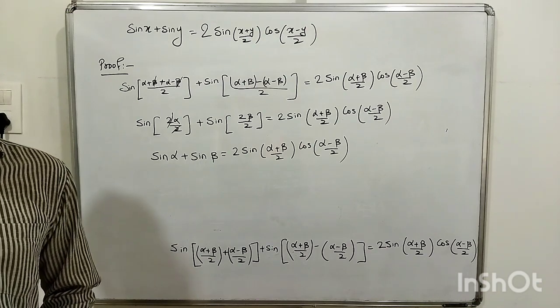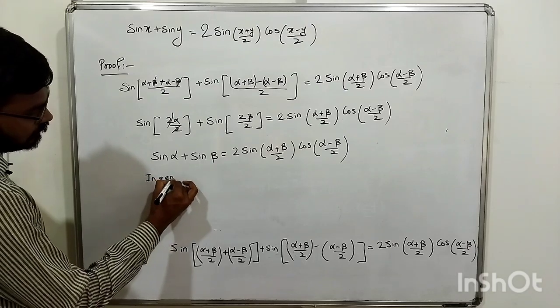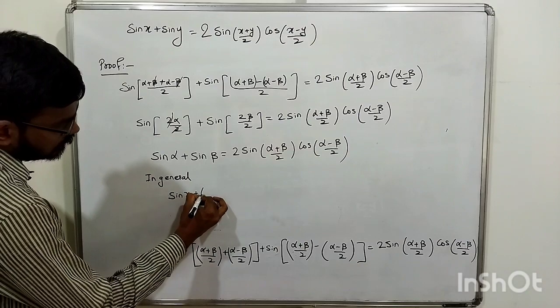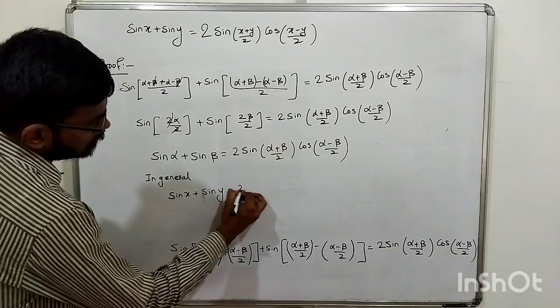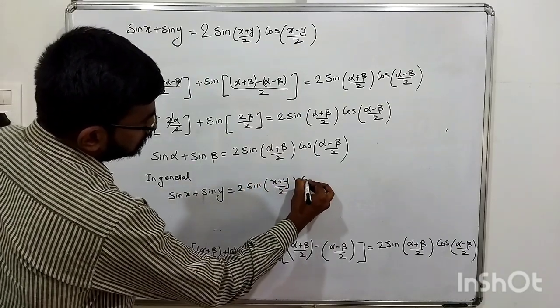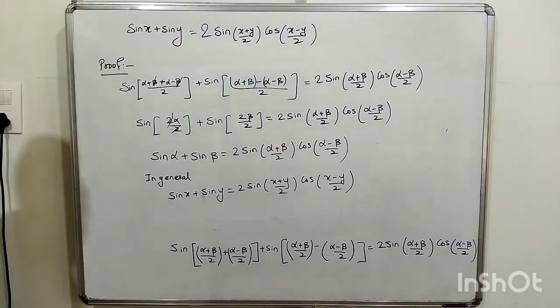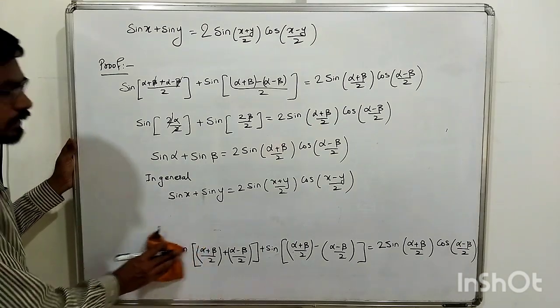So in general we can write sin x plus sin y is equal to 2 sin x plus y upon 2 and cos x minus y upon 2. So this was the first formula that you had to derive.